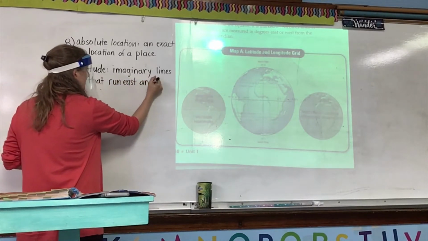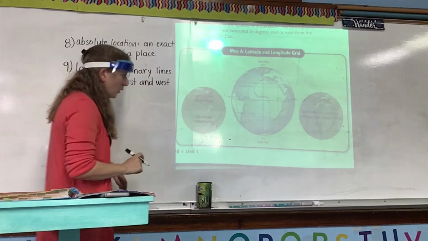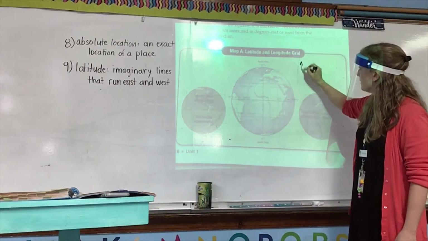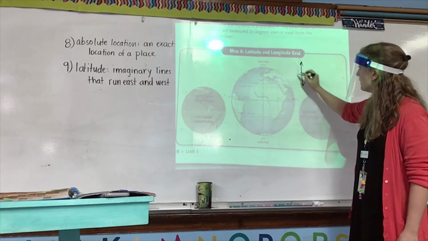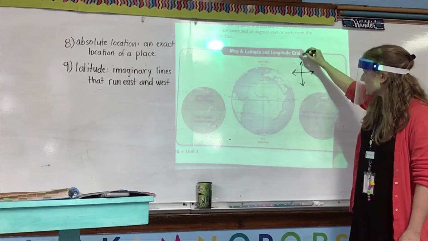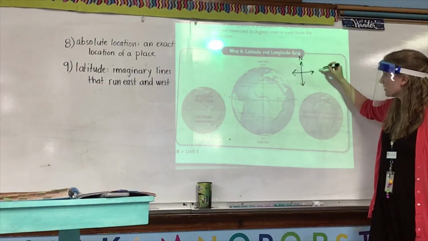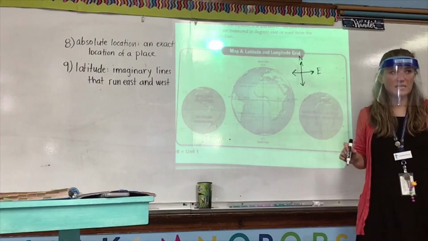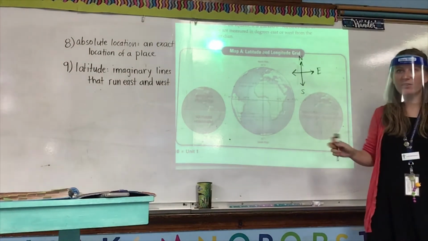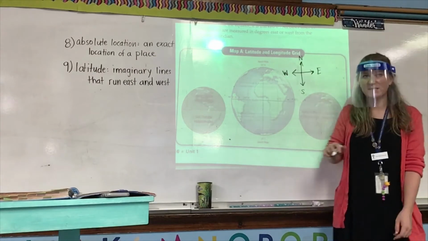That run east and west. We know that if we're looking at a map, the direction up is north, the direction to the right is east, the direction down is south, and the direction to the left is west.